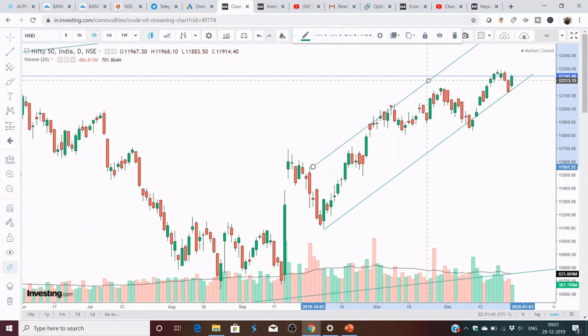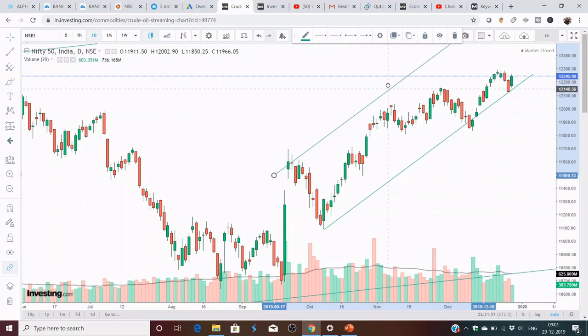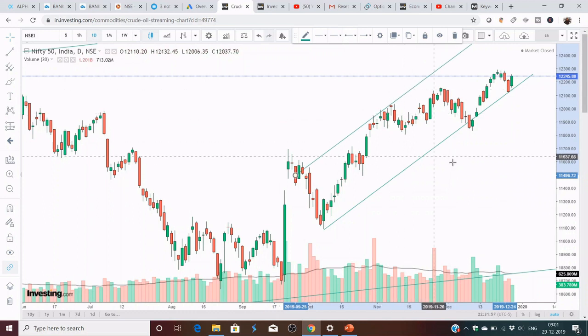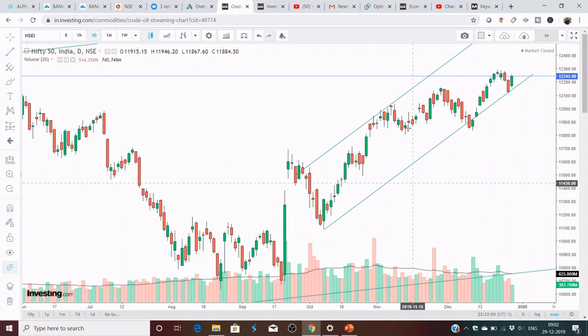Yes, I would prefer to keep it here and map the zone above that. As you can see, the upper channel is not very impressive, so we have to wait till it forms a new peak so that we can confirm that the channel is formed.